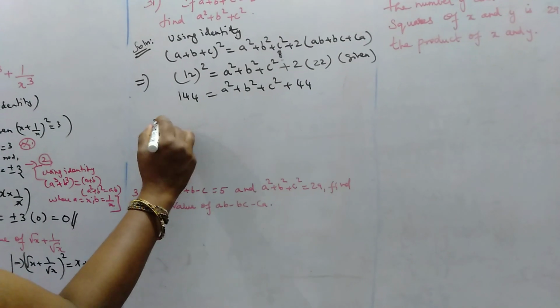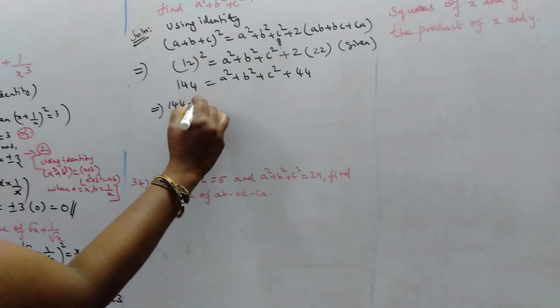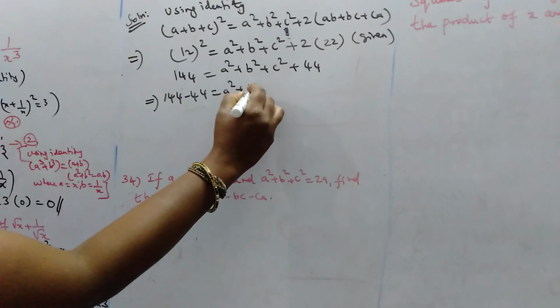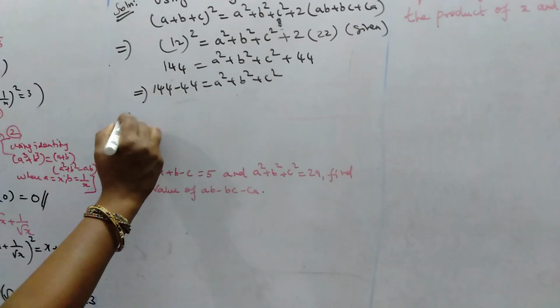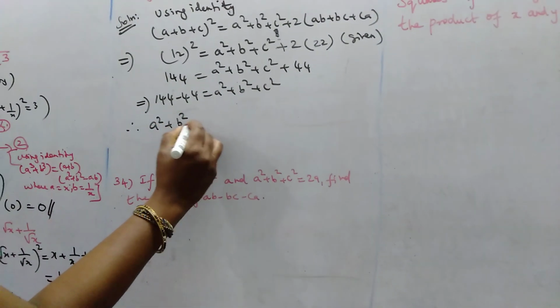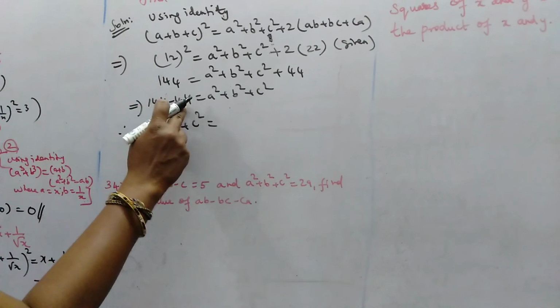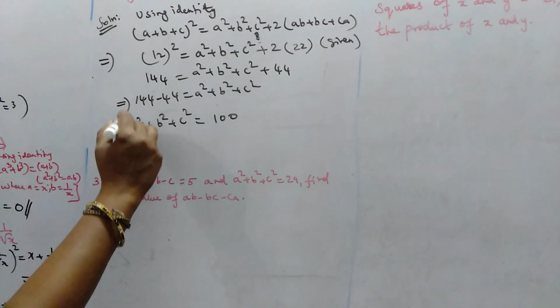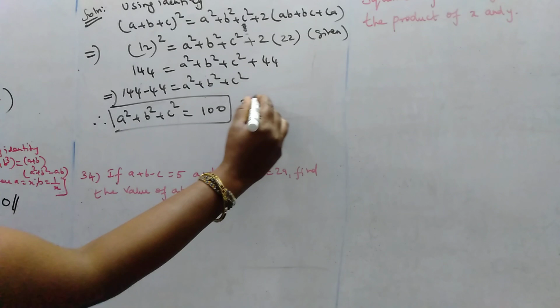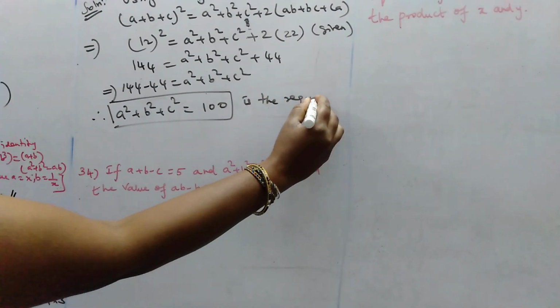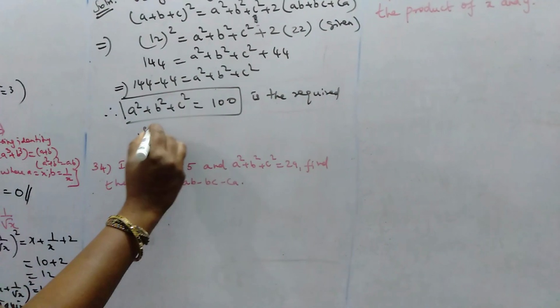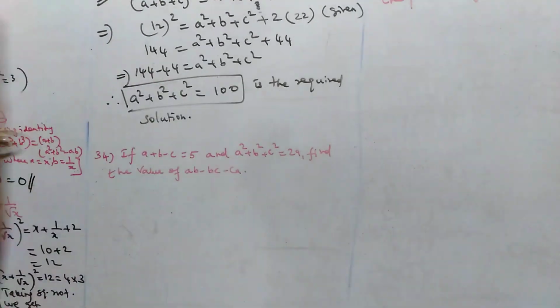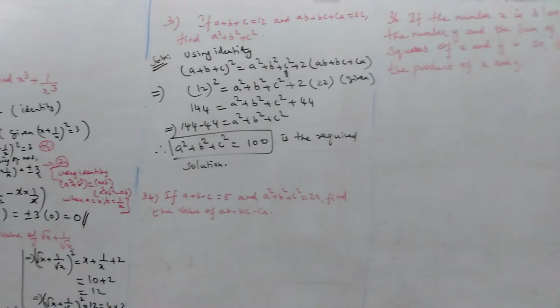Bring this 44 to this side, which implies 144 minus 44 equals a square plus b square plus c square. So therefore, a square plus b square plus c square equals 144 minus 44 equals 100. Is the required solution. Very simple, only one formula, one identity.